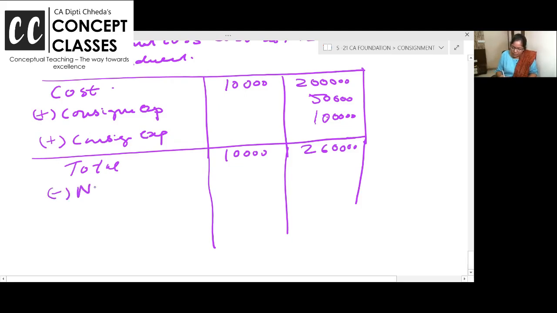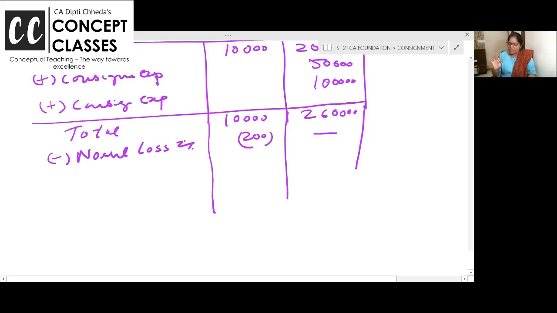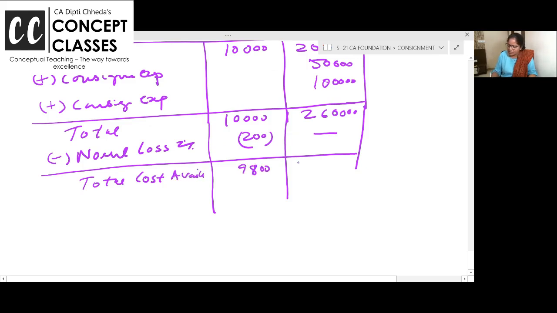Now normal loss, 2%. कुछ ना कुछ normal loss हो ही रहा है, 200 units. Cost will be nil. If it is abnormal loss, make it 5,800. Otherwise, the cost is nil. Now, what is the total goods available with consignee? 9,800 at 260. Out of that, closing stock is 2,500.